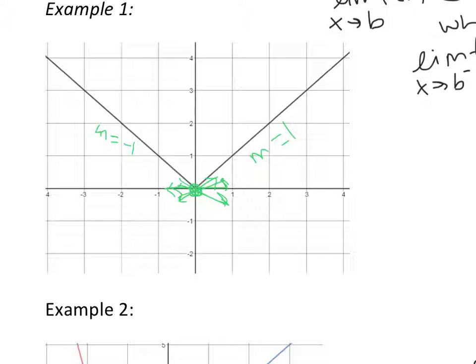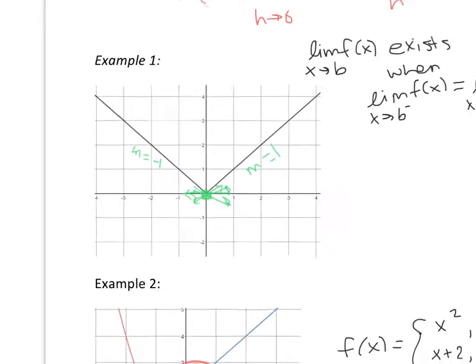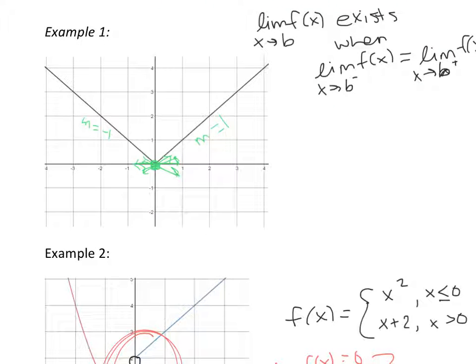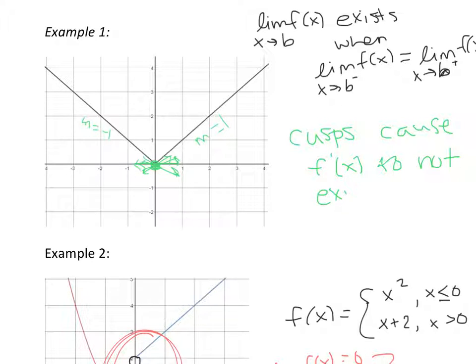So in that case, whenever we have a corner or a cusp, your book refers to them as corners and cusps, but we're actually just going to refer to them as cusps. So cusps cause f prime of x to not exist. Okay, so in this situation, f prime of 0 does not exist because that's where my cusp occurs.